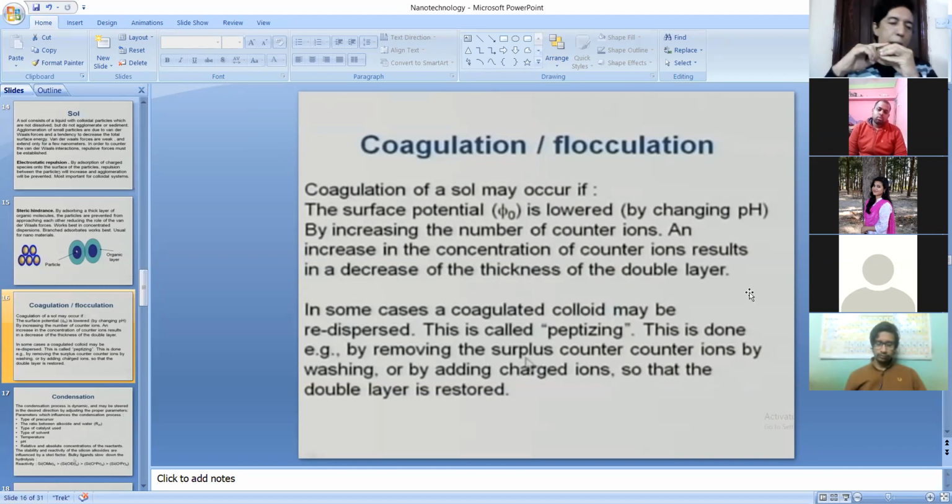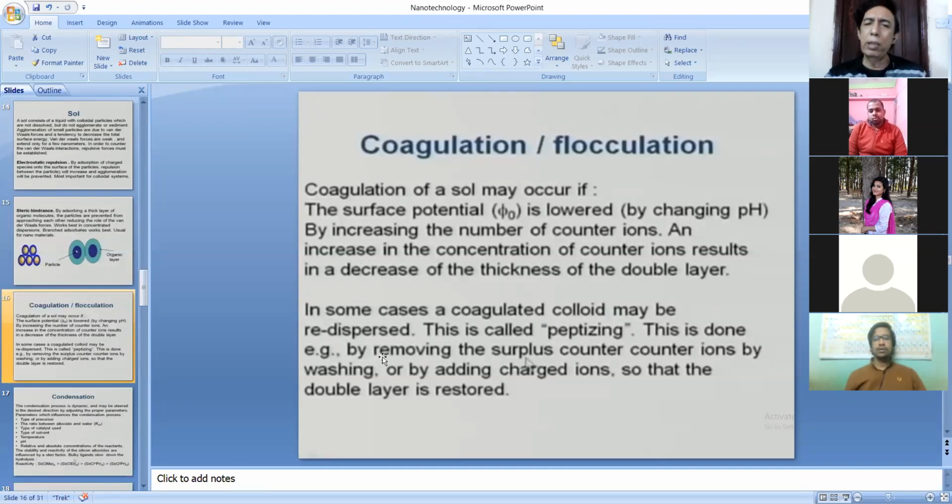That means the layer of charges in the salt solution. Why double layer? You know, in a colloid or in a salt substance, there is a layer of positive charge, and this positively charged layer will attract another negatively charged layer to form a double layer.